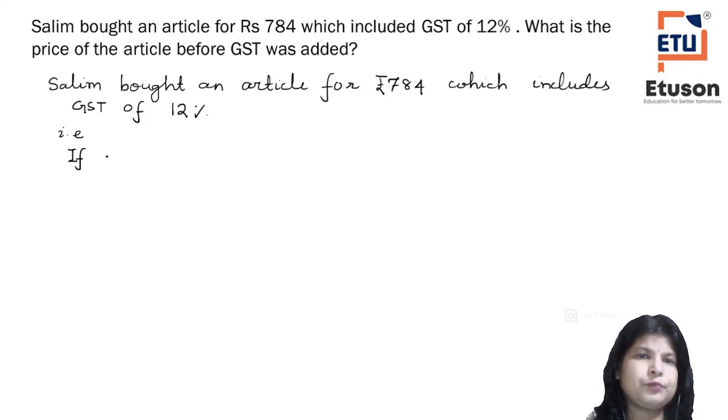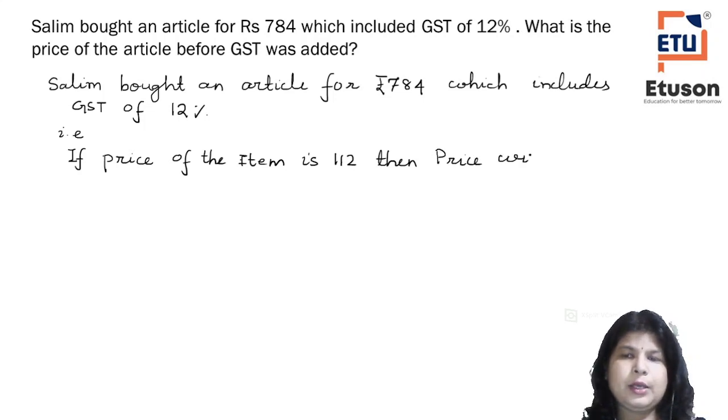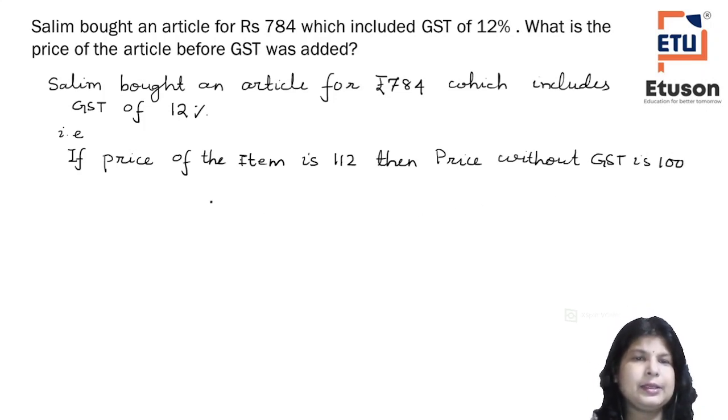That is, if the price of the item is 112, then the price without GST is 100, right?